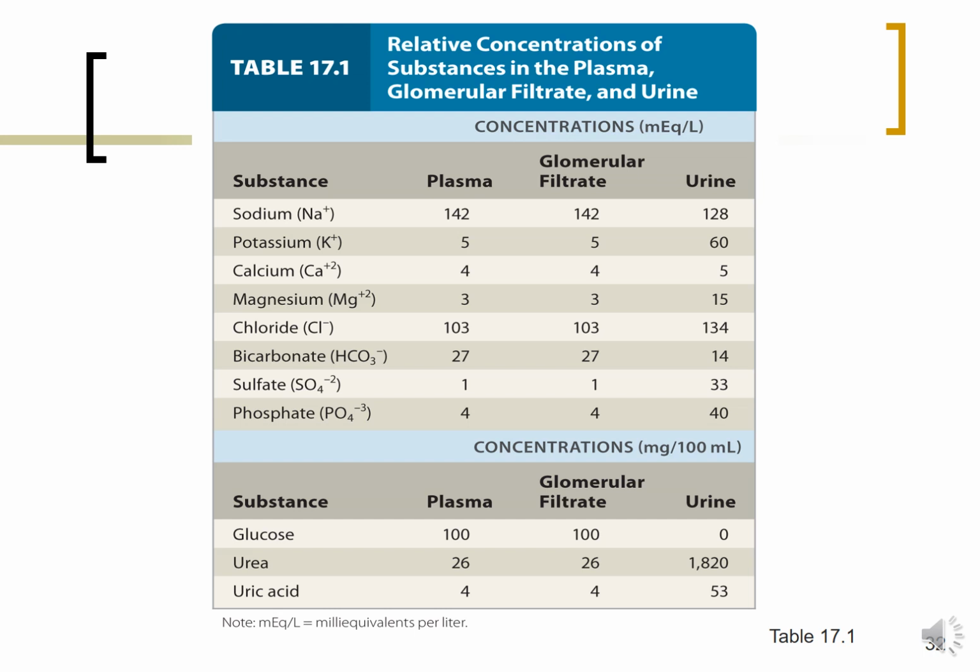100 milligrams per 100 mL. Glucose is a small molecule, so you have about the same concentration in the glomerular filtrate, but all glucose should be reabsorbed so that you don't have any glucose present in your urine.